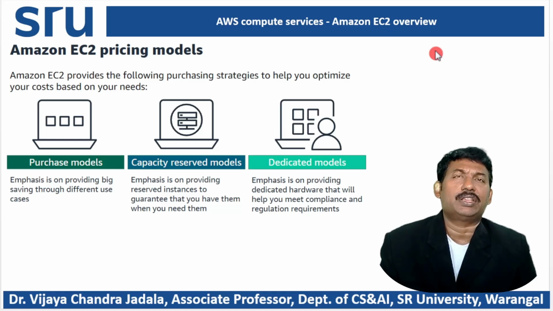Then the capacity reserve model, which emphasizes providing reserved instances to guarantee that you have them when you need them. Then the dedicated model, which emphasizes providing dedicated hardware that will help you meet compliance and regulation requirements.